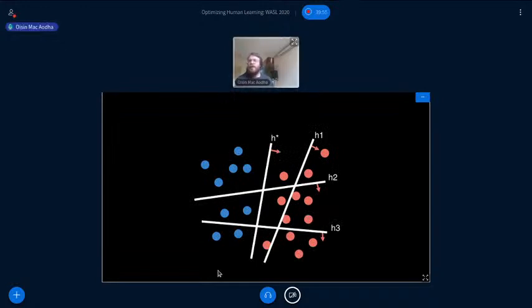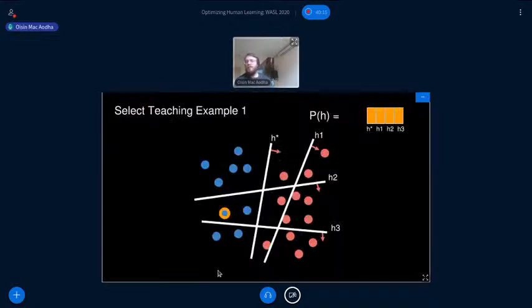Okay, so I can give a very quick toy example of how that might look in the context of this 2D example. And I'm not going to introduce the explanations at the risk of confusing things, but we have a set of hypotheses, okay? So each of these hypotheses, we've got our H star hypothesis that we want to teach that separates the red and the blues, and we'll start with the uniform distribution over these hypotheses. And so what's going to happen is the teacher is going to select items to show to the learner.